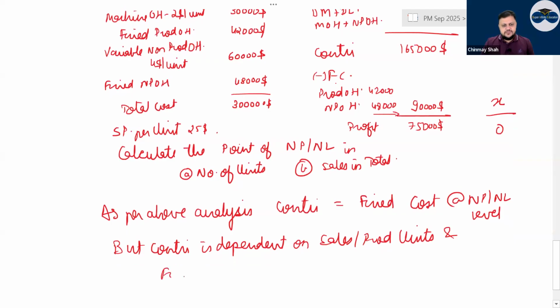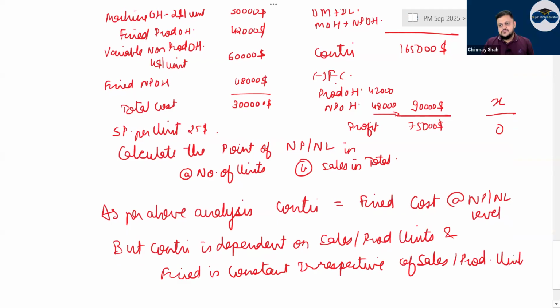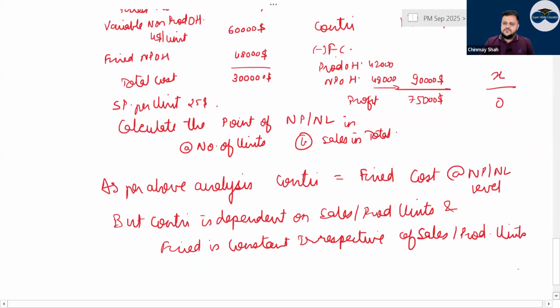And fixed cost is a constant irrespective of sales or production units. Makes sense.